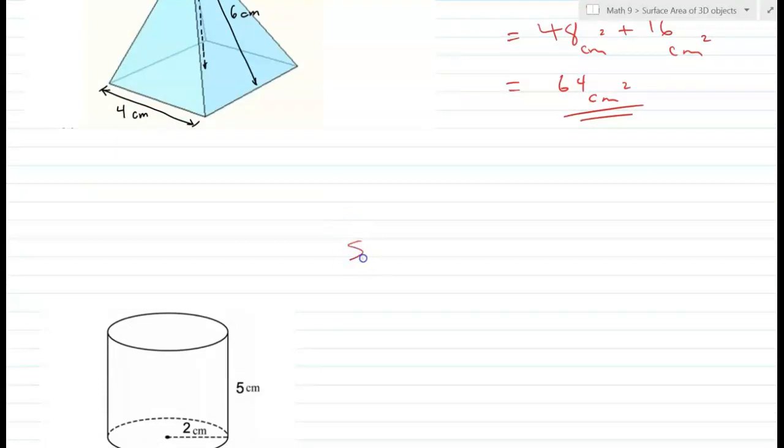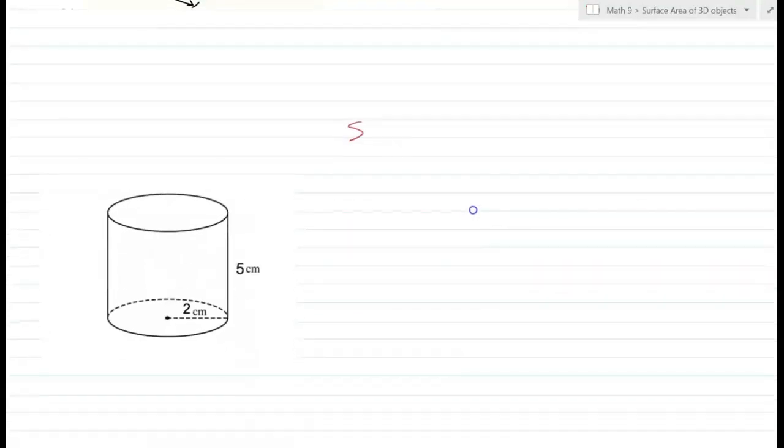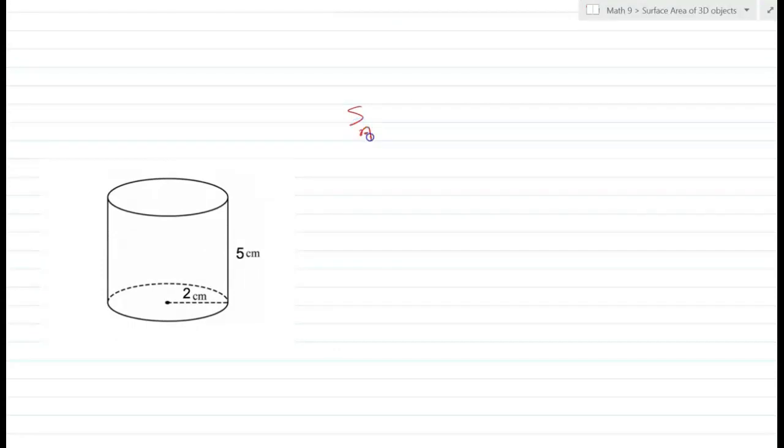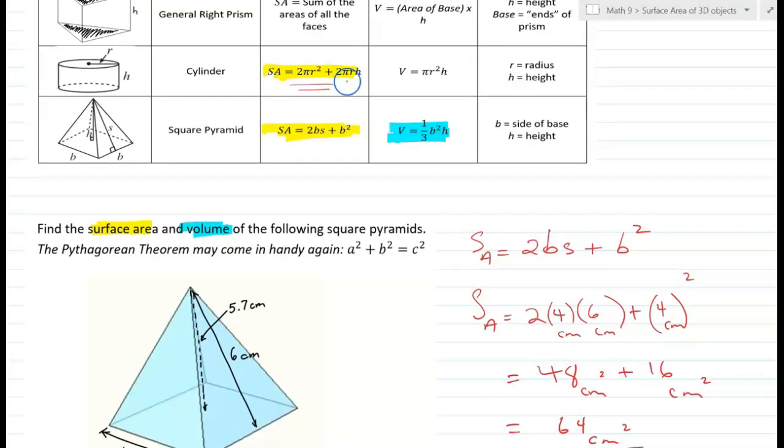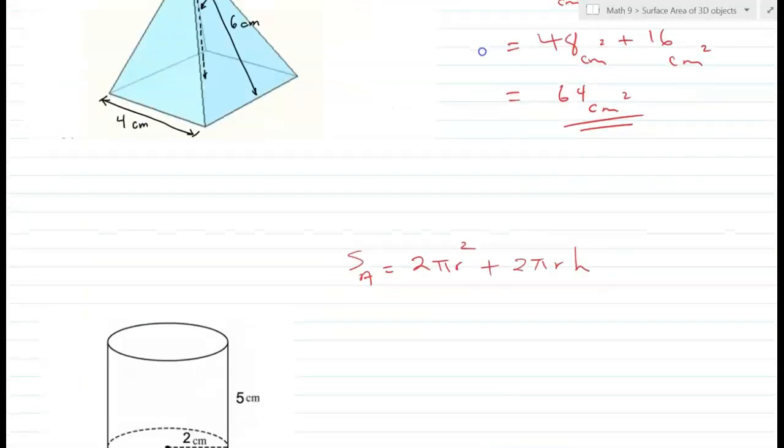So here we go. Actually, let's go back up more. Here we go. SA equals 2 pi r squared, the area of the 2 circles, top and bottom, and then 2 pi rh. And that's what we have right here, 2 pi rh. Okay, just want to double check.